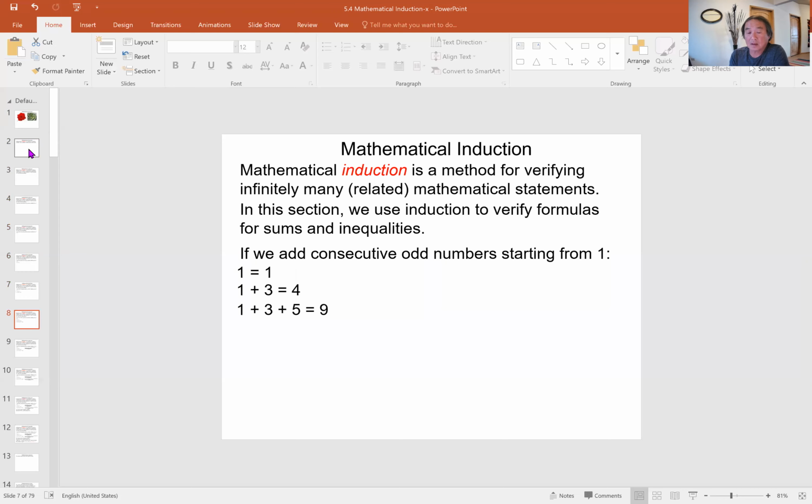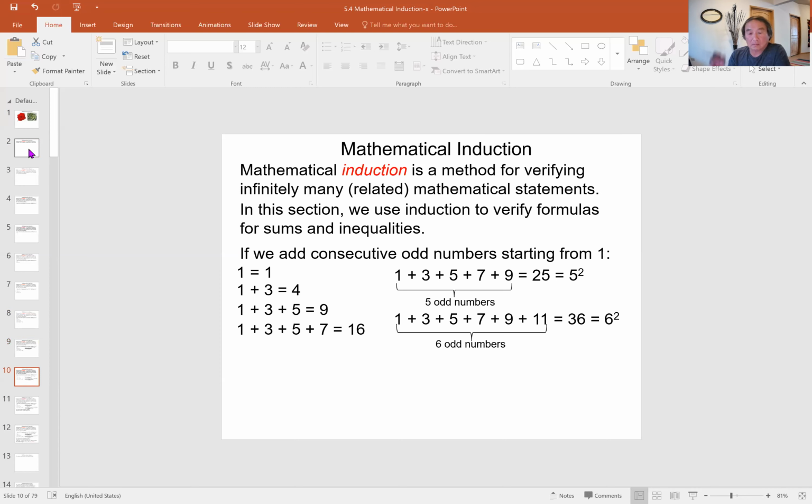Add a third odd number, I get 9. Four odd numbers, I get 16. Then the pattern emerges. It is not difficult to guess the next one: 1 plus 3 plus 5 plus 7 plus 9 is going to be 25, which is of course true.